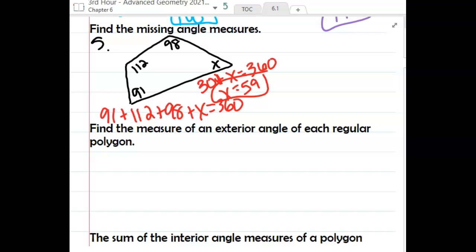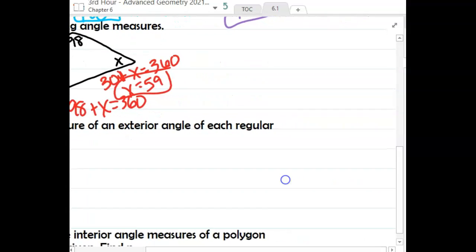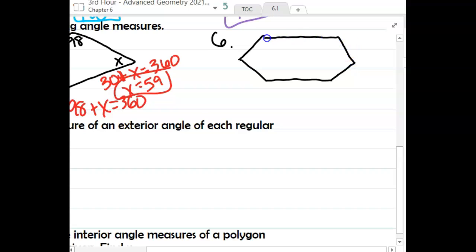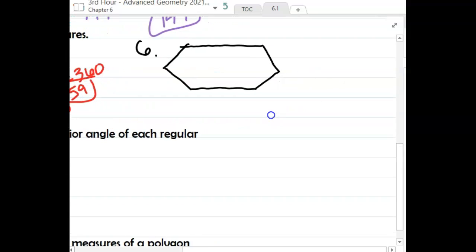Okay, let's try one that's a little trickier. Okay, number 6. Easier shape to draw. Somebody last class said a boat. There we go. I don't know, boat maybe. Reminds me of an arrow, kind of like an arrow on both ends. All right, so in this shape, the 2 points are going to be y.